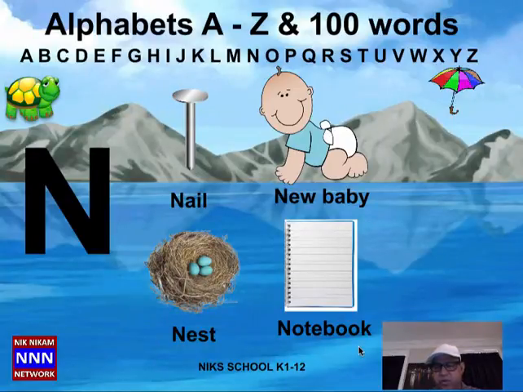And a notebook. Do you have a notebook? You need to get a notebook and a pen or a pencil, because every time you watch these lessons, you need to make notes.